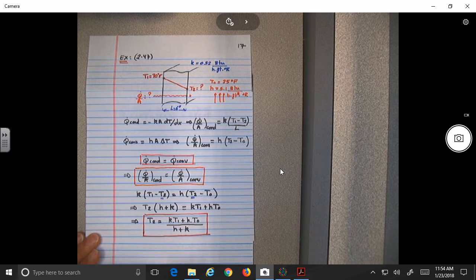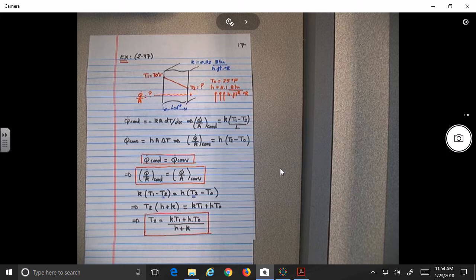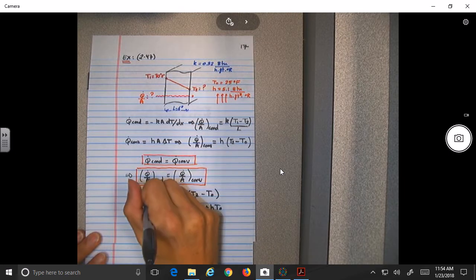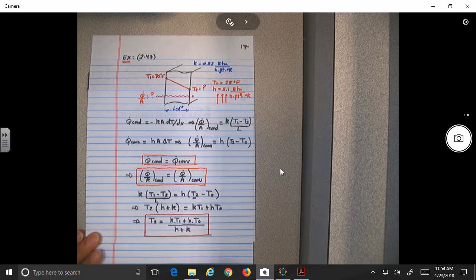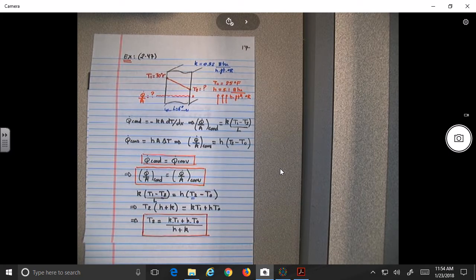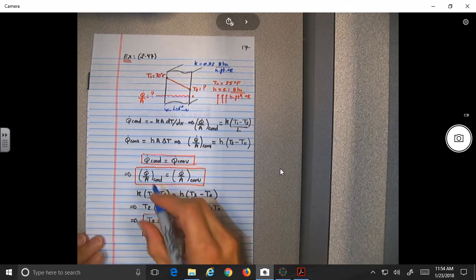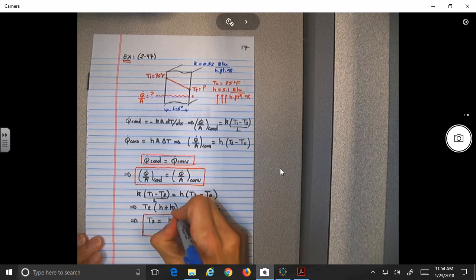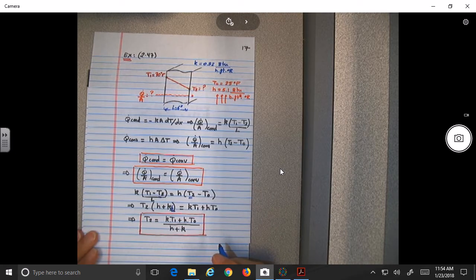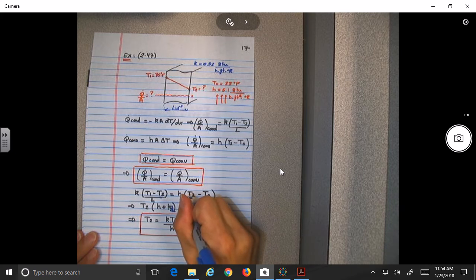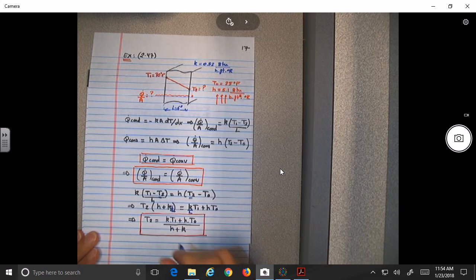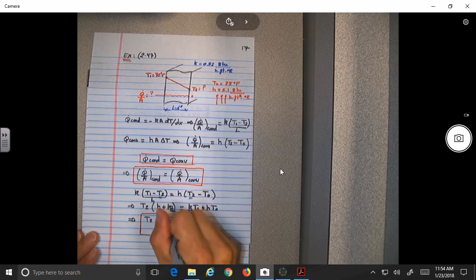Good, because then on the units we'll be able to find the problem. So this is going to change the algebra a little bit. This is K over L. So T2 times the factor of H plus K over L equals K over L T1 plus H T naught. Basically, whenever you have a K, we divide by L.